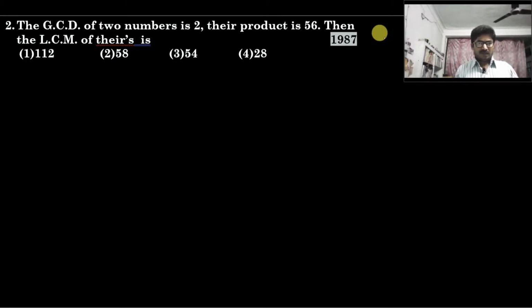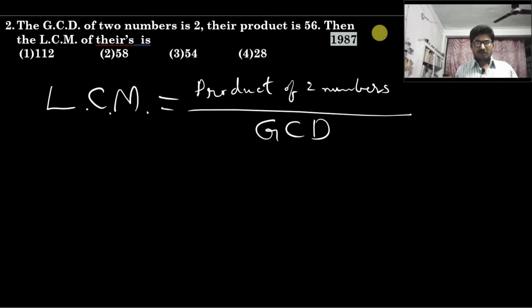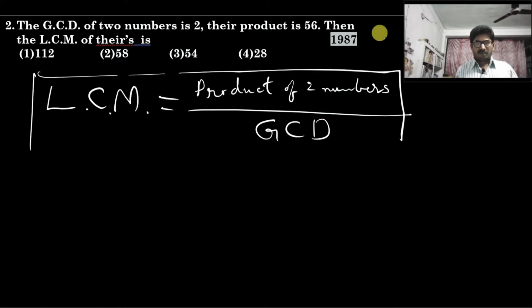There is a formula: if the product of two numbers is given, LCM is equal to the product of two numbers divided by GCD. So this is the formula. Based on this formula we can find the answer.